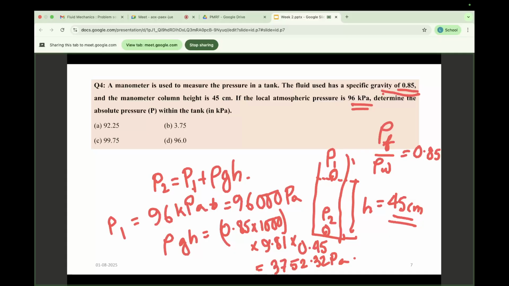Okay, so you can add this to one and this one, and you will get this answer as 99.75, that is in kilo Pascal. So the option C is the correct one.